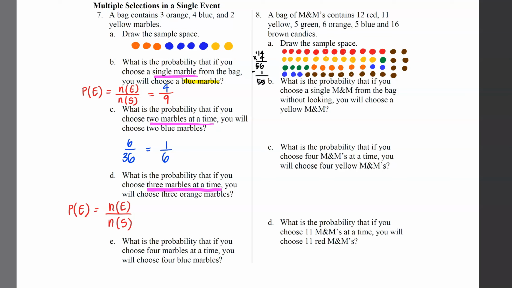Any 3 marbles means that of the total 9 marbles that I have, how many different ways can I select 3 of them? That would be the combination of 9, 3 or 9C3. Again, I'm able to use the formula or the function for this, 9 factorial divided by 3 factorial times 9 minus 3 factorial. Otherwise, I could also just use my calculator to do this function for me.